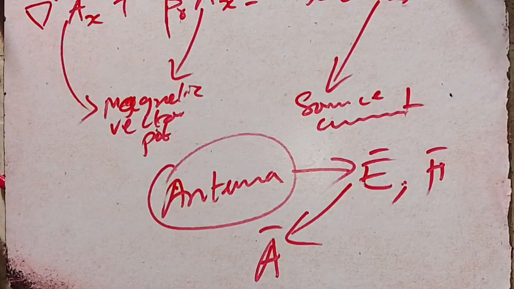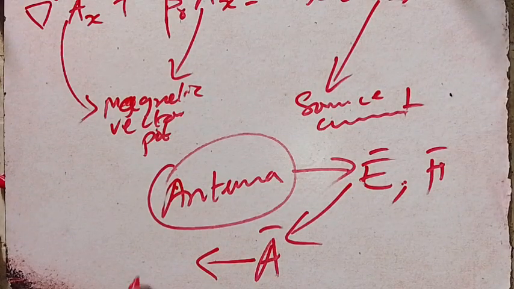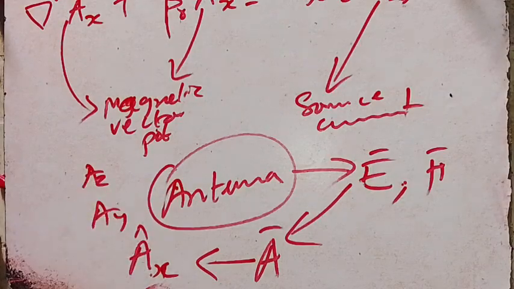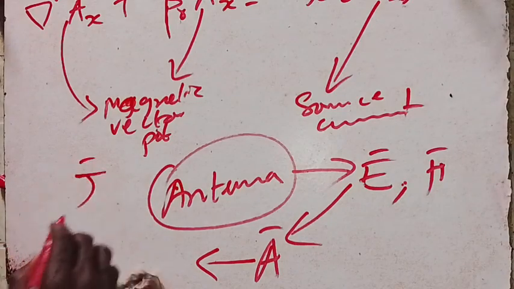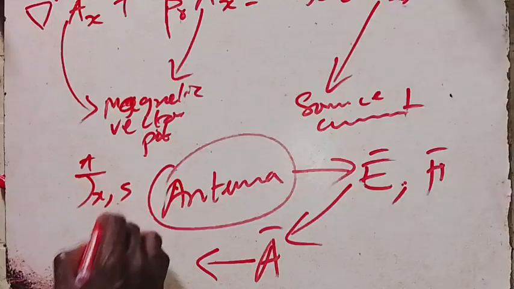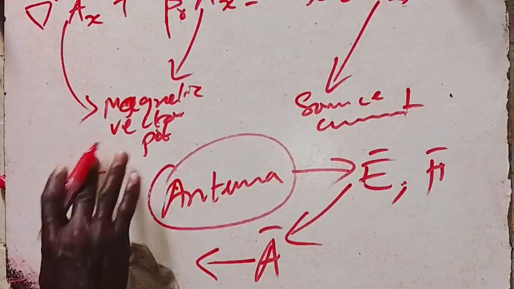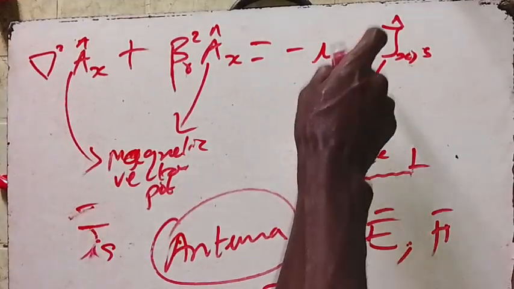But to know the magnetic vector potential, you have to know each component, the X component, the Y component or the Z component. And for you to even know any of the components, you need to know the source current, maybe for X or Y or Z, or the general source current, which is what we have here.